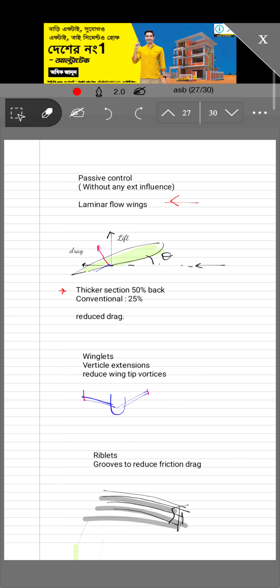If you compare it with conventional wings, conventional wings are 20% behind the main mass, whereas the laminar flow wings are designed so that this is the point of attack.